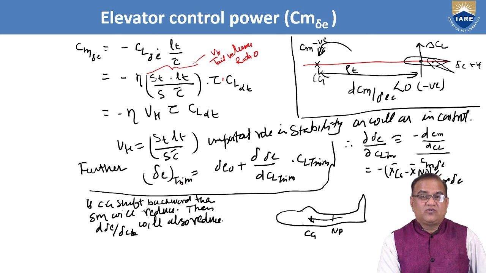Now further we can see delta E trim, how much delta E is required to trim the aircraft, is equal to delta E naught plus d delta E by d CL trim into CL trim.